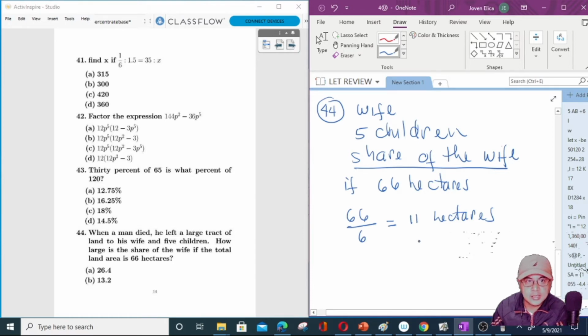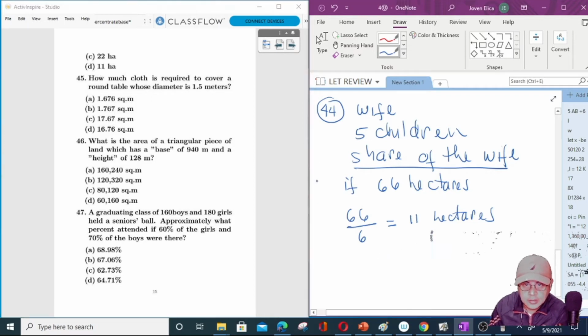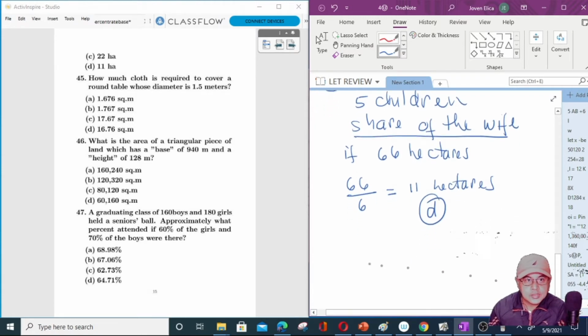So the answer for number 44 is letter D, 11. Because 5 children plus the wife, of course they have to divide it equally among themselves. So 66 hectares divided by 6 is 11 hectares. It's just a tricky question.